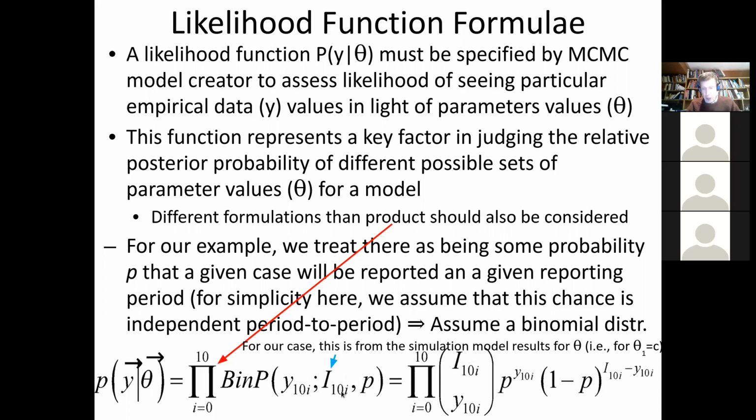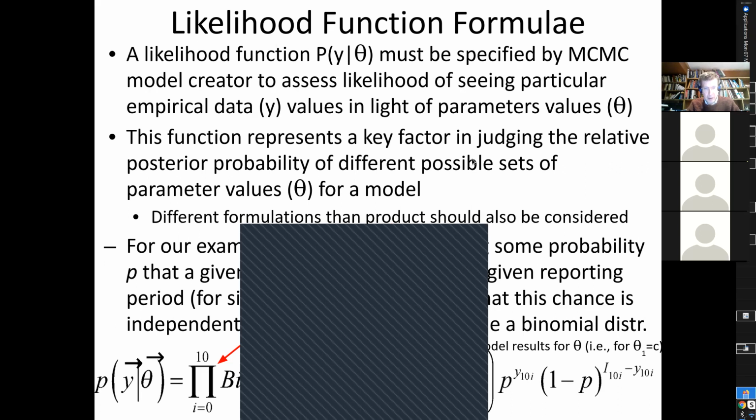Each time, I'm using the number of infections from the model as of that day and the reporting probability to assess the likelihood I will have observed that data on that day.